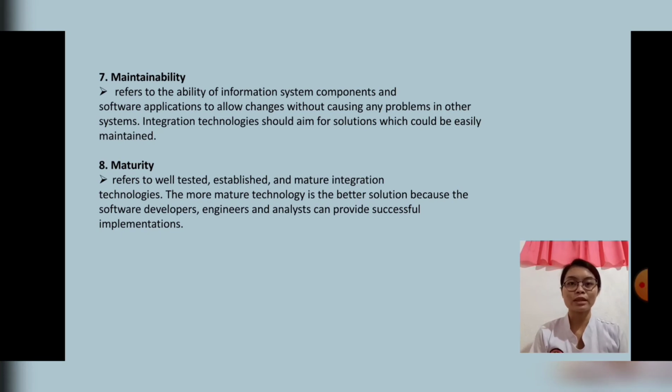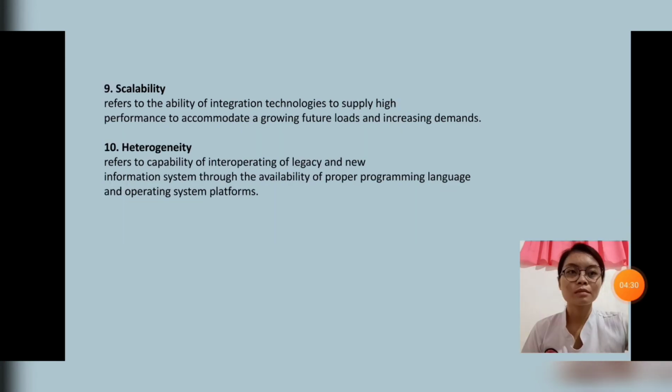Eighth is maturity. It refers to well-tested, established, and mature integration technologies. The more mature the technology is, the better the solution, because software developers, engineers, and analysts can provide successful implementations. Ninth is scalability.